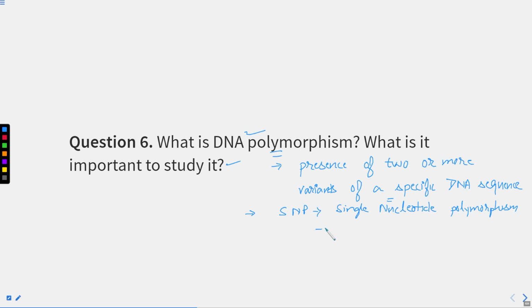This means that there is a change in a single base pair, or there is a change in a single nucleotide. Okay, there is a single base pair change.